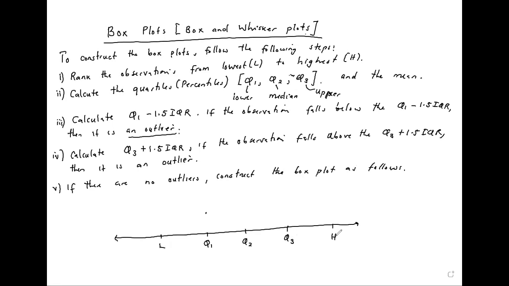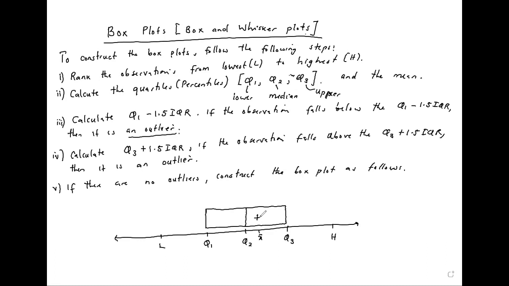From quartile 1 to quartile 3, you draw a box. The middle quartile, you break here. If your mean falls to the right, suppose your mean is here, then you put a plus there.